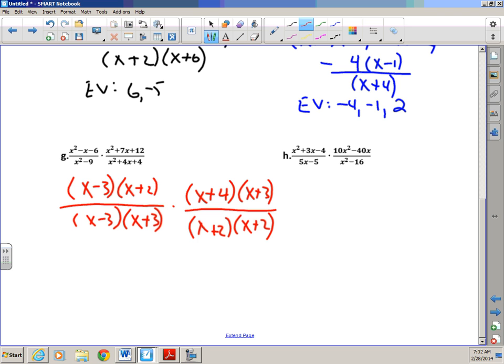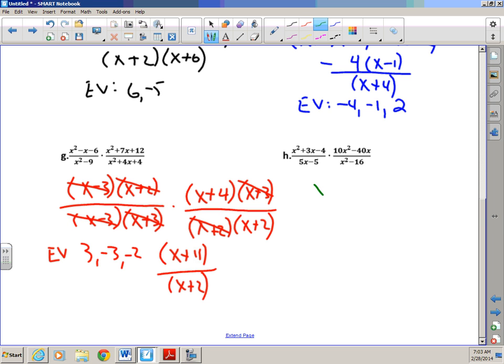All right, now I do my canceling. The 3's go. The plus 2 goes. The plus 3 goes. So I'm just left with x plus 4 over x plus 2. Remember, I'm writing these in parentheses so that you see you can't cancel the pieces. You can't cancel x's and say 2 divides into 4. That does not work. Excluded values, 3, negative 2.